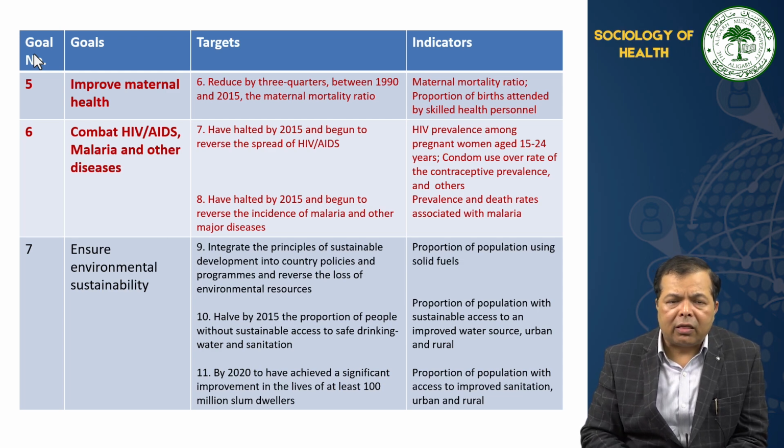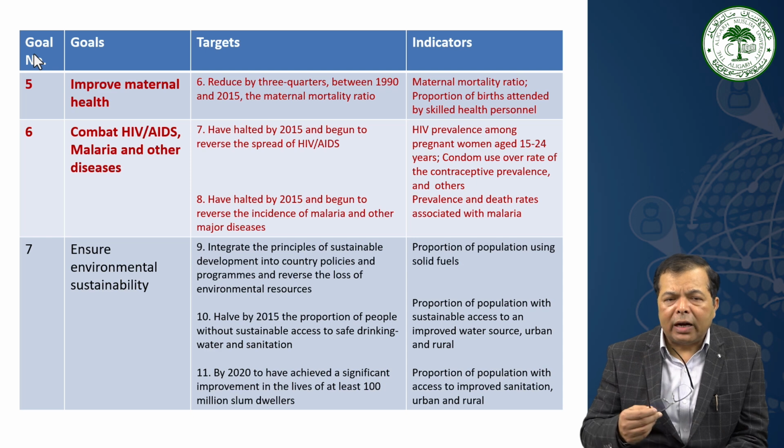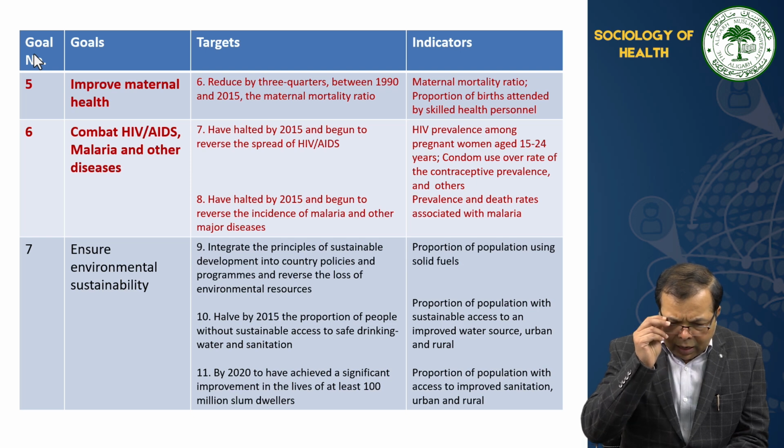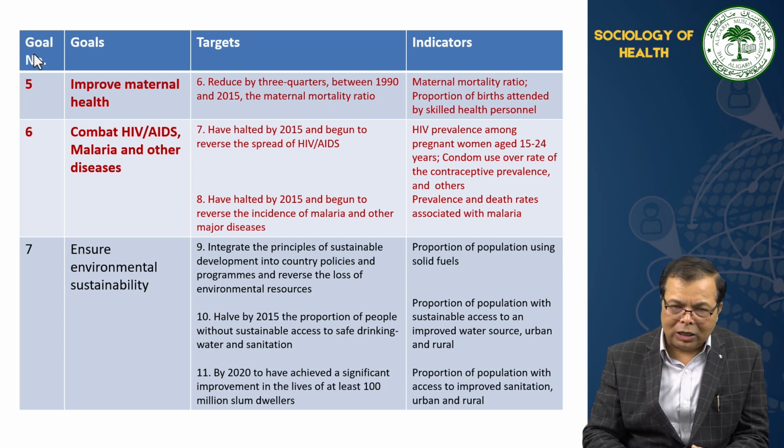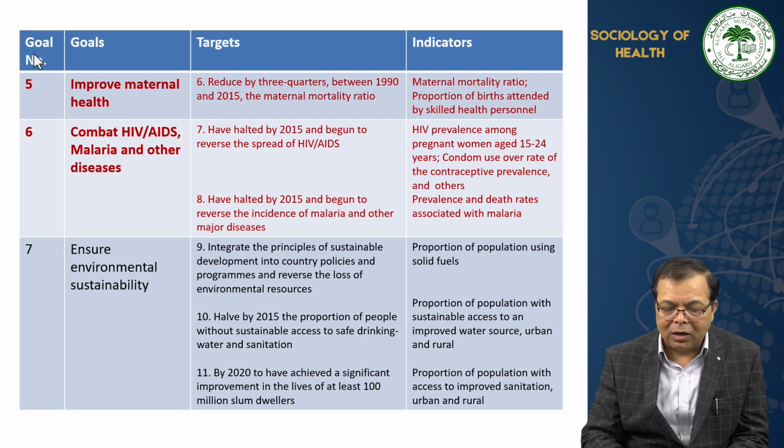Then goal number 6, but before that I need to talk about goal number 5, and the goal is improve maternal health, and the target is reduce by 3/4 between 1990 and 2015 the maternal mortality ratio. So whatever was the prevalence of maternal mortality in 1990, that basically needs to be reduced by 3/4.